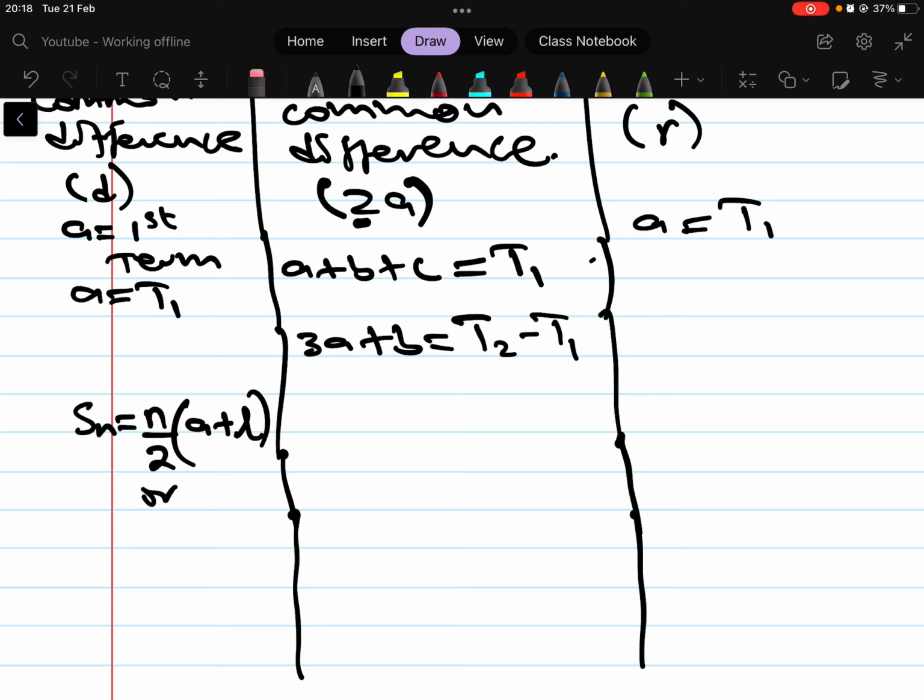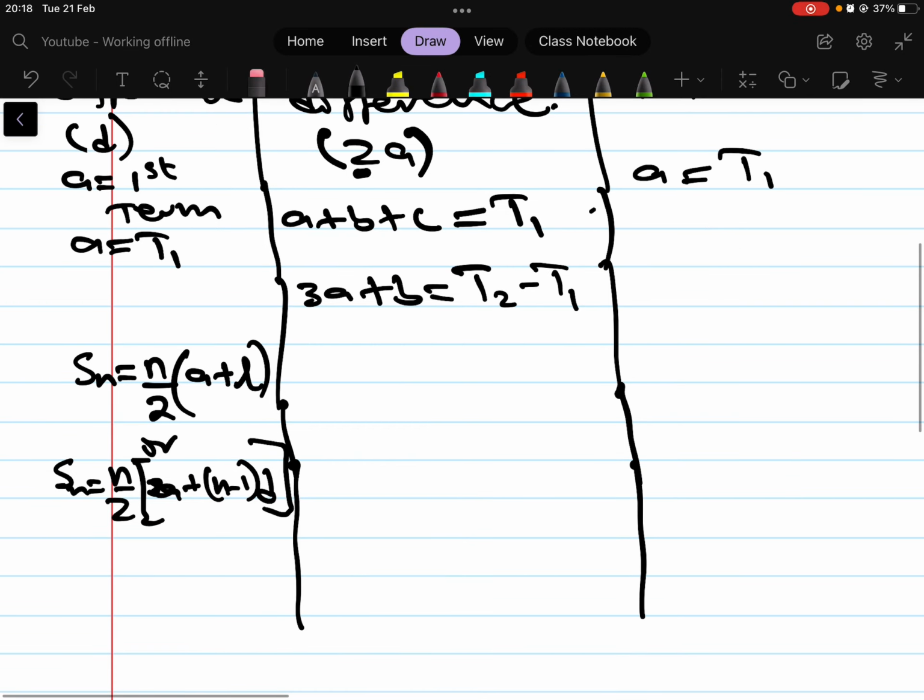Or we also have the other one, which is Sn equals n over 2 times (2a plus (n minus 1)d). These formulas are usually given to you, or always given to you, in your formula sheet or question paper, so you can always refer there to make sure that you get them right.